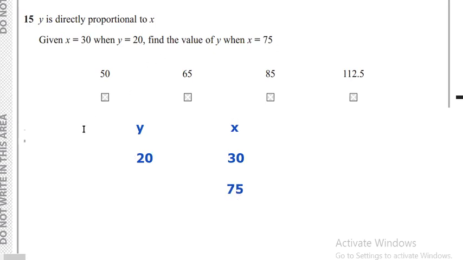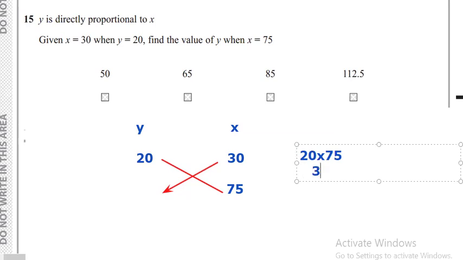Now here, you can use the x method or the cross-multiplying method to answer this question. You can multiply these and then divide by 30 to find the missing y, like this. So basically, we're going to multiply 20 by 75, 20 times 75, and then divide it by 30 to find the missing number here.